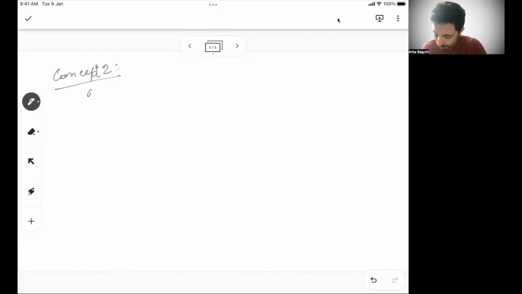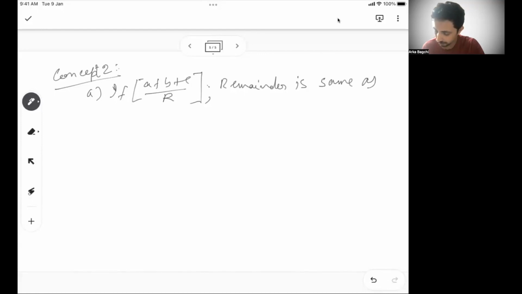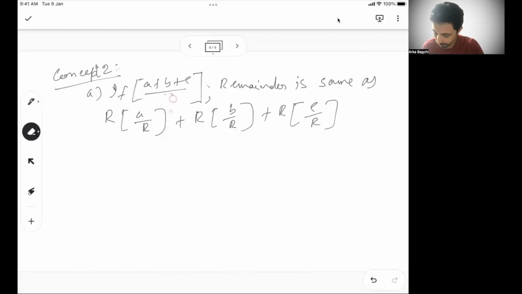One is: if a plus b plus c gets divided by r, then the remainder is the same as the remainder of a by r plus the remainder of b by r plus the remainder of c by r. Okay, for easy understanding, let's keep this as n.